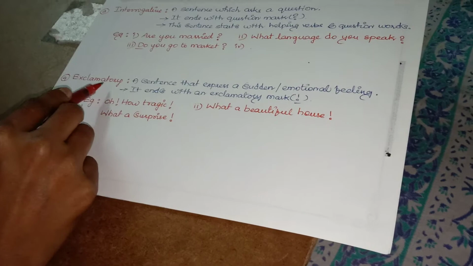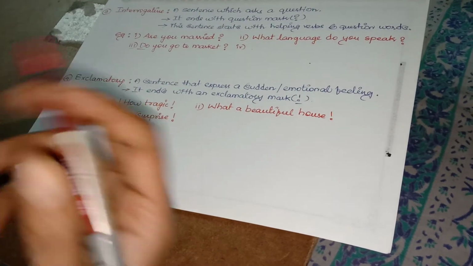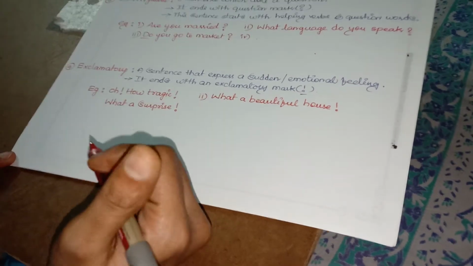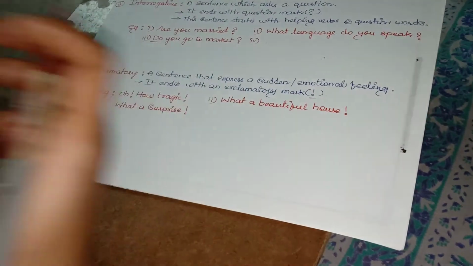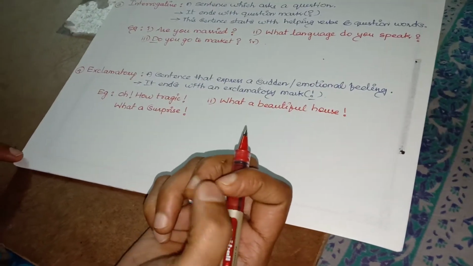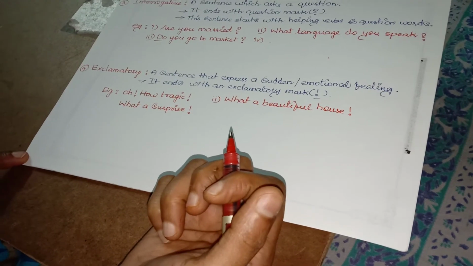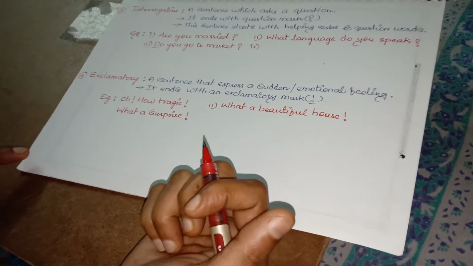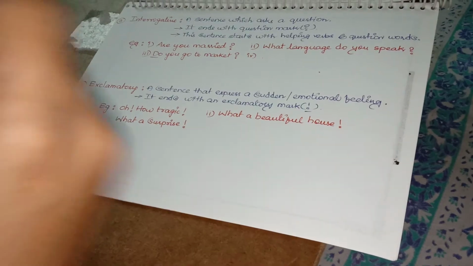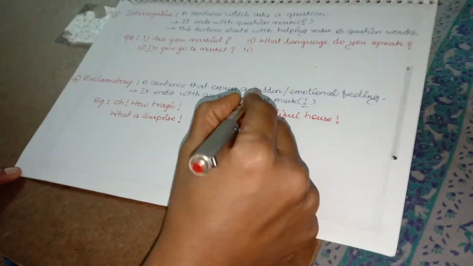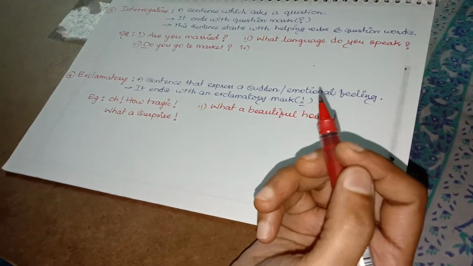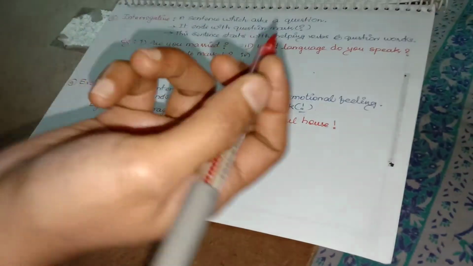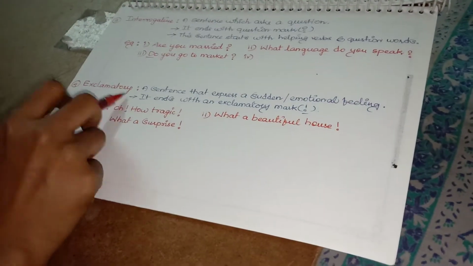Fourth one, exclamatory sentence. Exclamation is nothing but expressing a sudden feeling or emotional feeling. Suddenly something happens in our life. We say, oh my God, alas, what a beautiful flower. So like that, to express some feelings or some sudden emotional feelings or some sudden happenings, or cries, we use these exclamatory sentences.